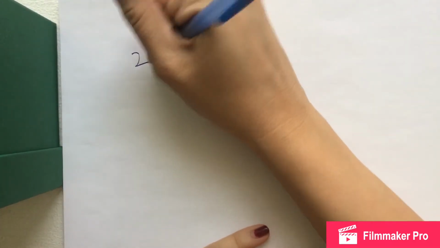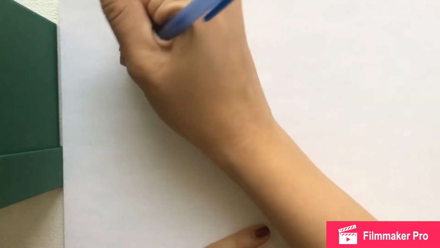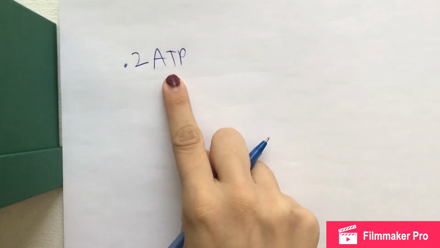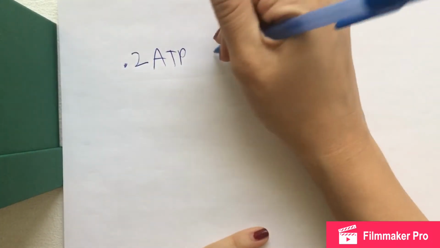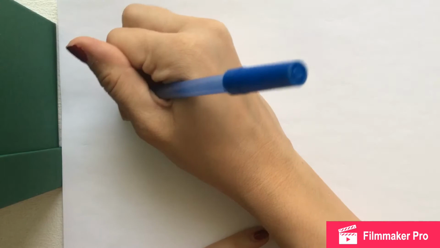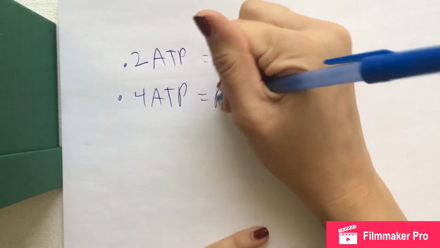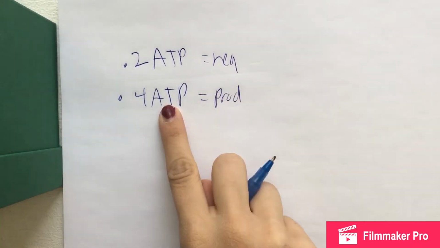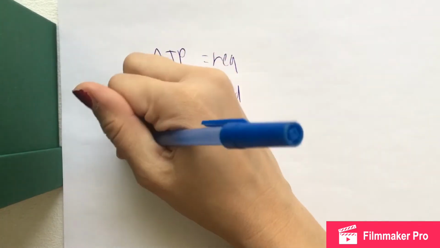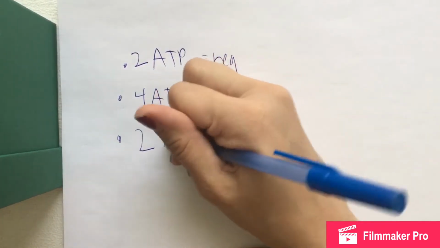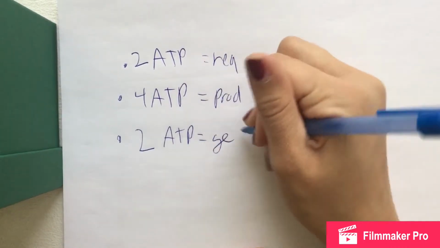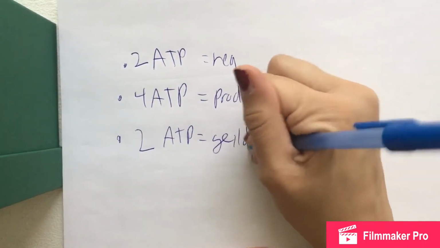Glycolysis requires 2 ATP for the phosphorylation of glucose, and in the end it produces 4 ATP. So in the end, the reaction will yield 2 ATP.